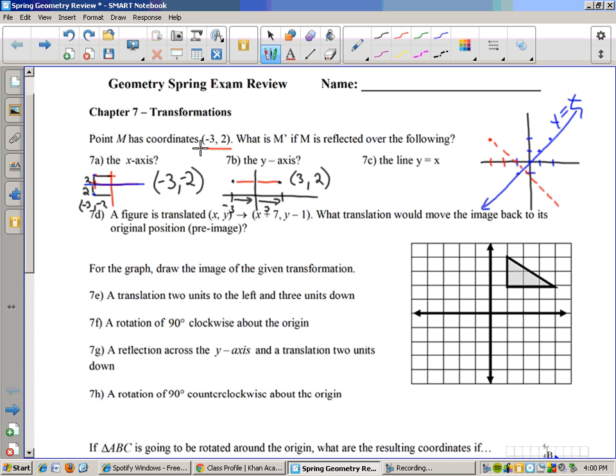Now I'm going to tell you the easy thing to remember is that when you flip over y equals x, the y becomes the x and the x becomes the y. So if this is negative 3, 2, we're actually going to end up at 2, negative 3. That's the shorthand way to remember it, and it's probably the smartest thing to do is just memorize that. When you go over y equals x, then these two just swap places.